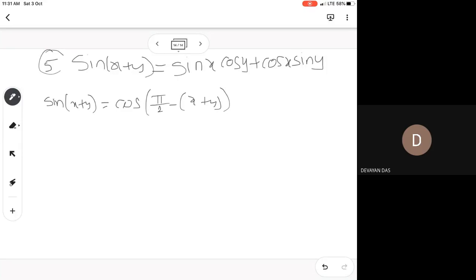Minus theta equals sin theta, just like the previous result. You write this as sin of cos of (pi by 2 minus x minus y).